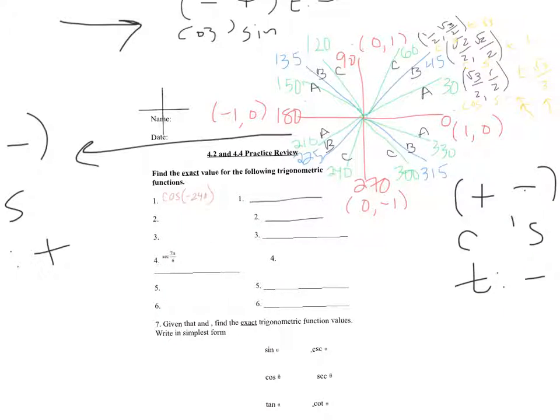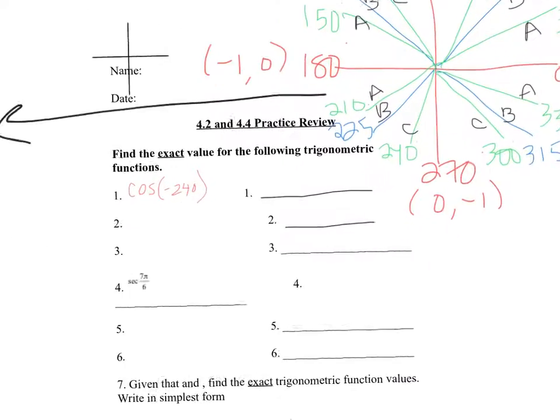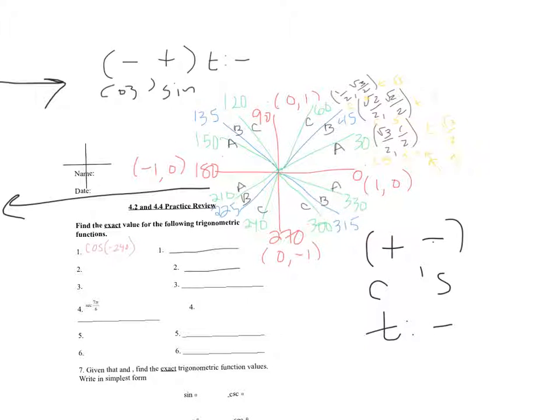Okay, so for number 1, when it says what's the cos of negative 240, what I do is I always like going to the positive values and then working backwards. So I spin around the circle to positive 240, and then I say to myself, okay, how many times did I hit one of those tick marks, so to speak?